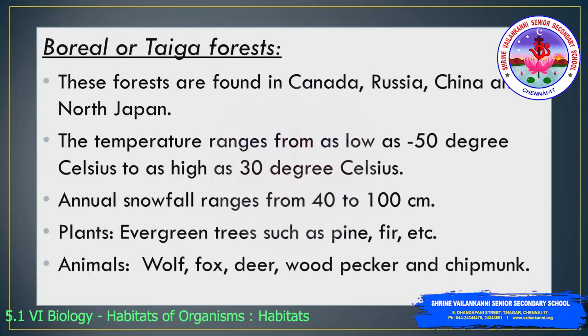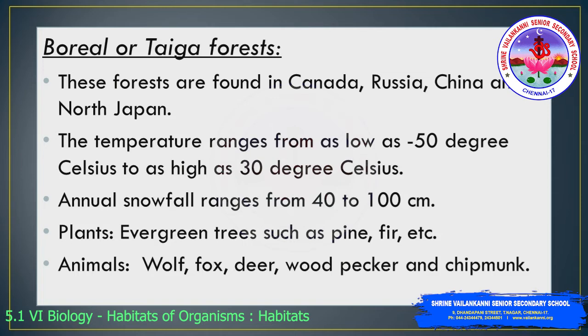The next type of forest is the boreal forest. The boreal forest is also called the taiga forest. These forests are found in Canada, Russia, China, and North Japan. The temperature ranges from as low as -50 degrees Celsius to as high as 30 degrees Celsius.